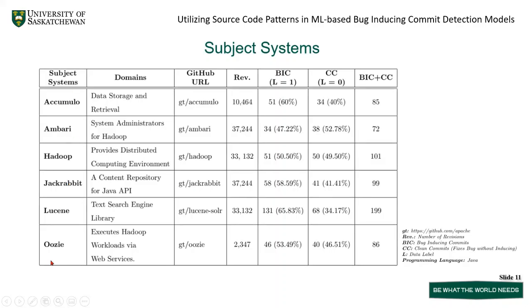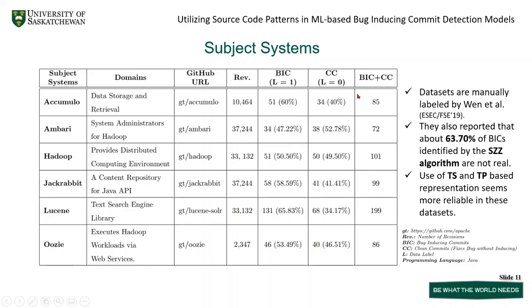Here are the subject systems we used. Those 6 subject systems have manually labeled data sets of bug-inducing commits, where L is equal to 1, and the other commits that are not bug-inducing are L is equal to 0. The number of data instances is not very big, but a machine learning model such as random forest is applicable to this size of data sets.